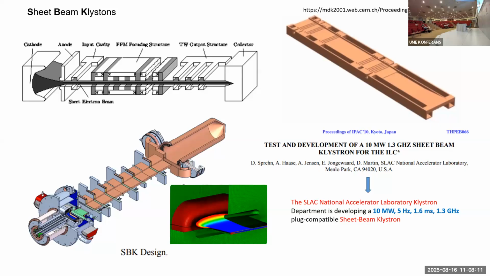I'm not sure. And for that, as a reference, you can read this paper too. It's 10 megawatts at 5 Hz repetition rate, 1.6 meters is very short, and 1.3 gigahertz.